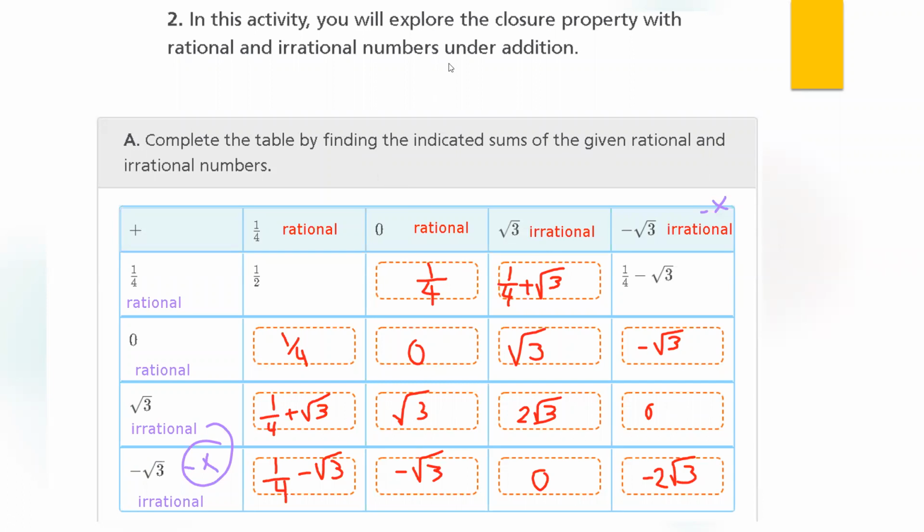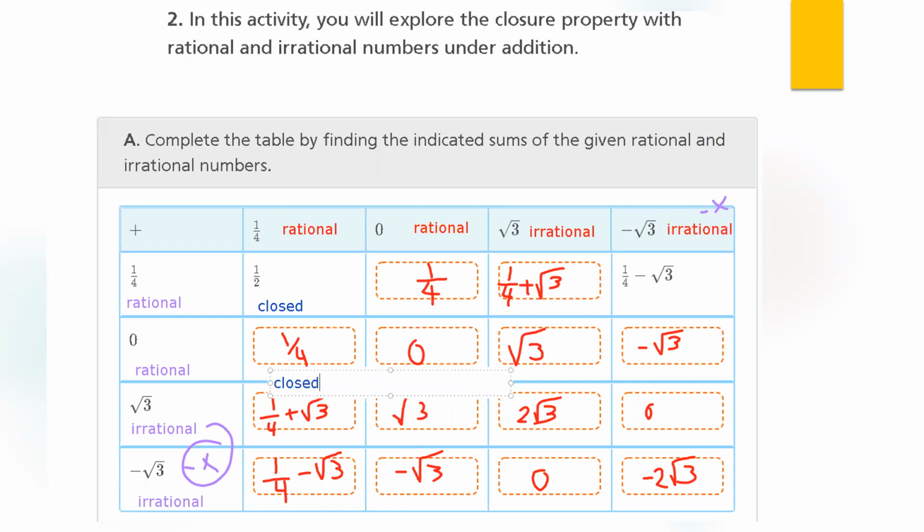Now, let's come back here. When you add rational with rational, what is the answer? Rational. That means it's closed here. Rational with rational, it's 1/4, which is rational.